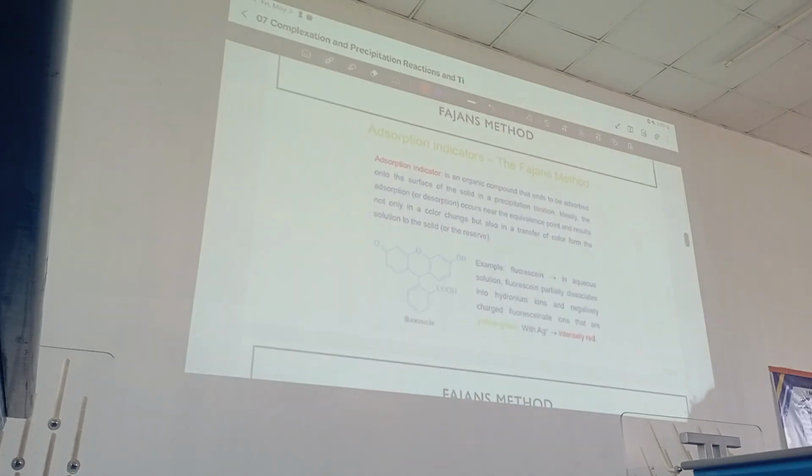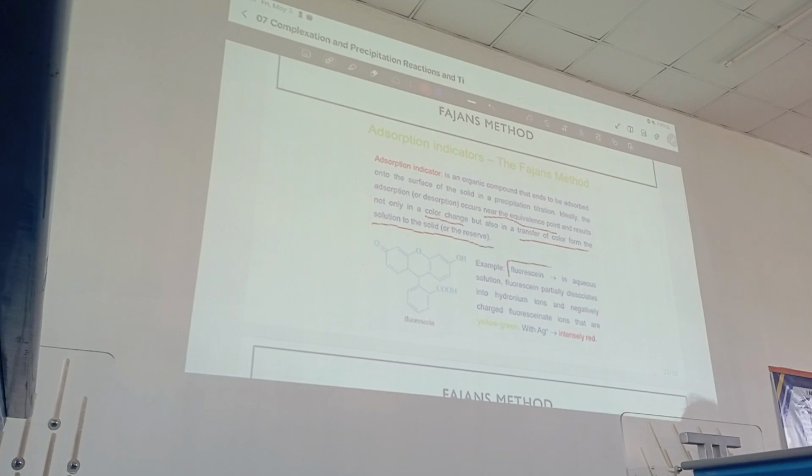Okay, adsorption indicators or Bayes method. It's an organic compound that tends to be adsorbed on the surface of the solid in the precipitation titration. Ideally, the adsorption or desorption occurs near the equivalence point and results not only in a color change, but also the transfer of color solution to the solid.